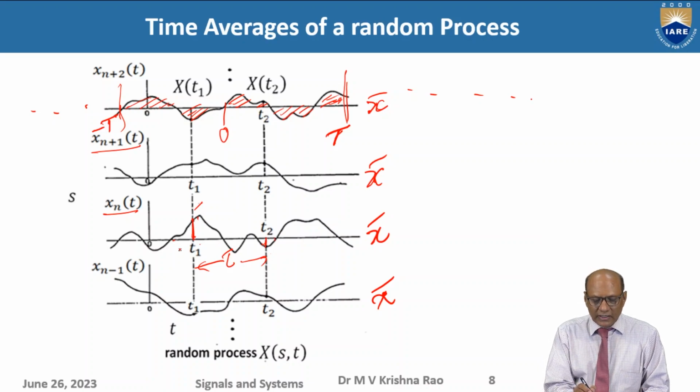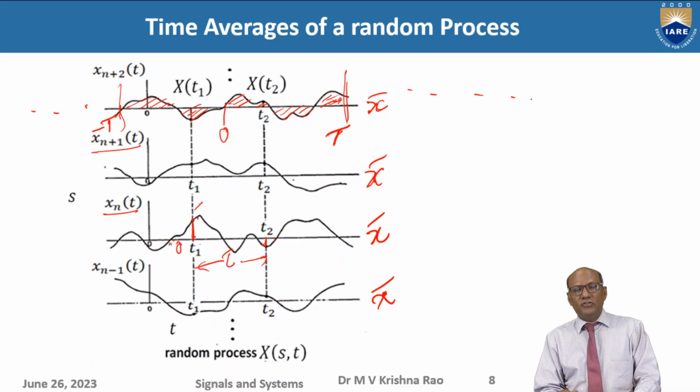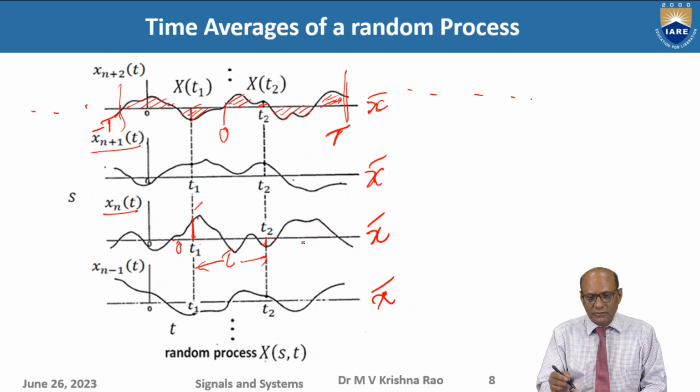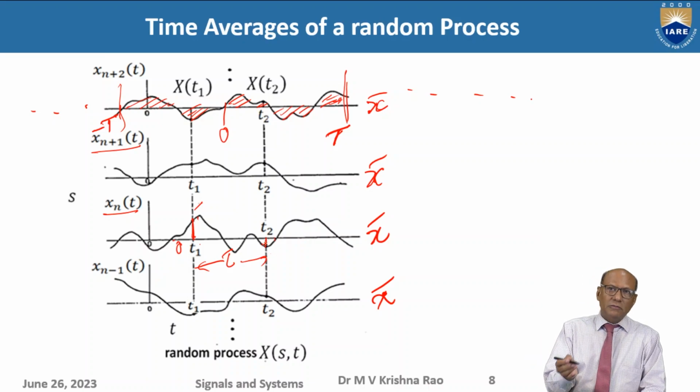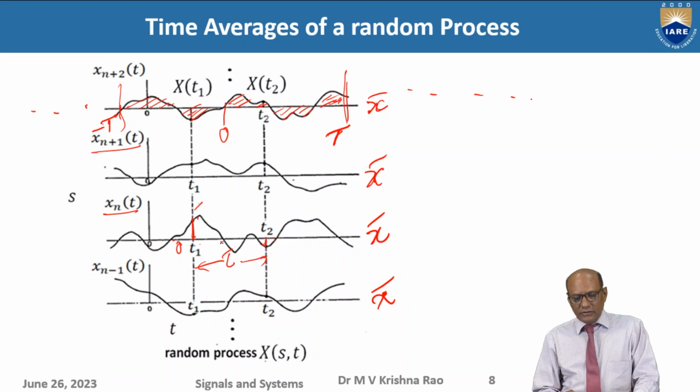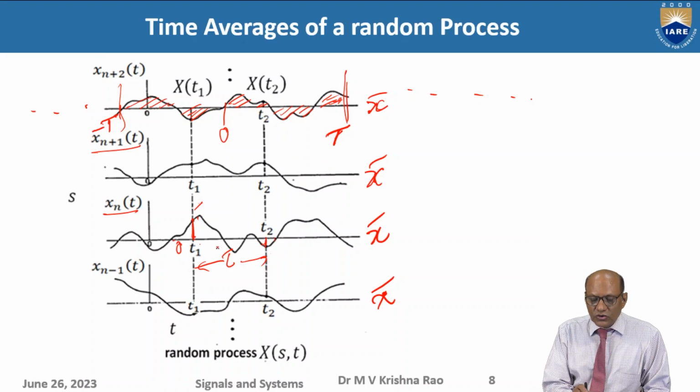I can call this t equal to 0, and t equal to something else, away from 0 by tau. So t equal to 0 and t equal to tau, and these two values you have to multiply. Like that, for each tau you have to take. For example, this is one tau, then these two you multiply. Another tau.